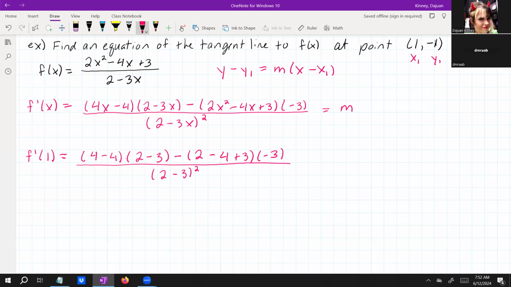So I've just plugged in 1. In most cases, it makes things just plain go away. It makes it nice. Clean up a little bit. That looks terrible. Try again.